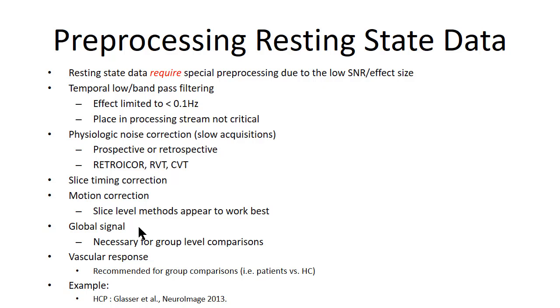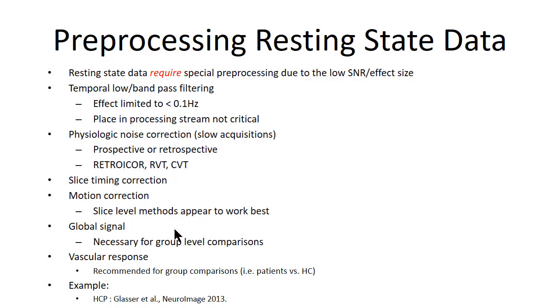It's very important to point out that it's been shown that there is a global signal that's present in most of the gray matter in the brain. If you're looking at single subject results, it's not really necessary to worry about this too much. But if you're going to combine data and want to establish accurate p-values, it's necessary to correct for the global signal.